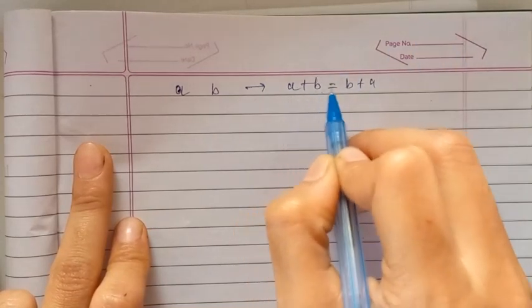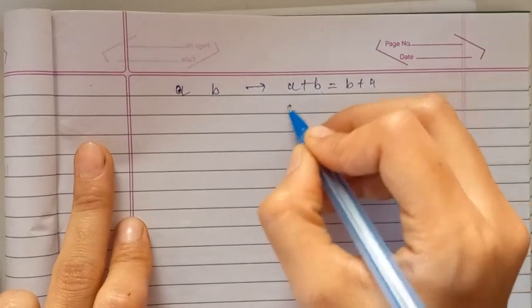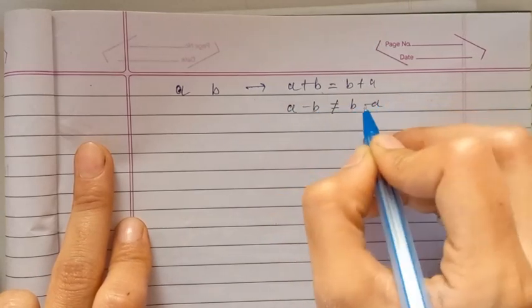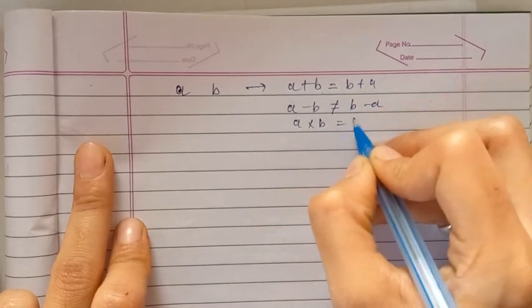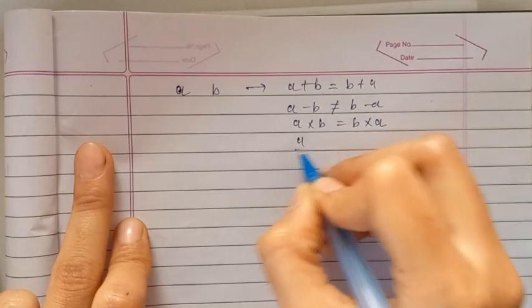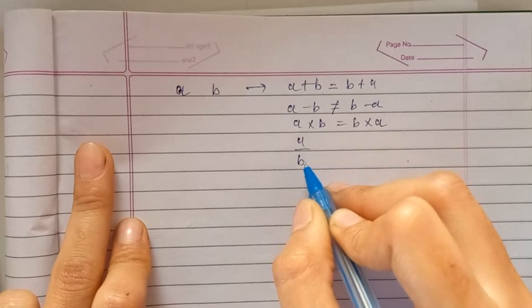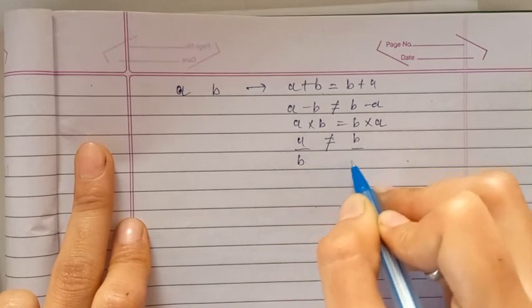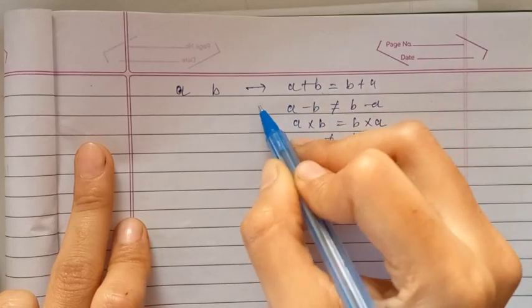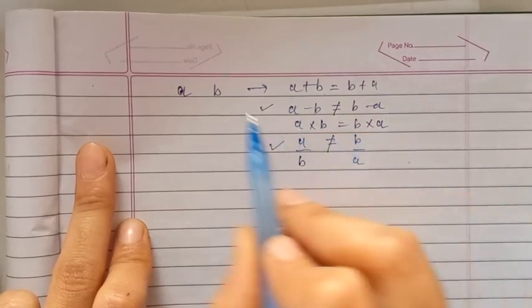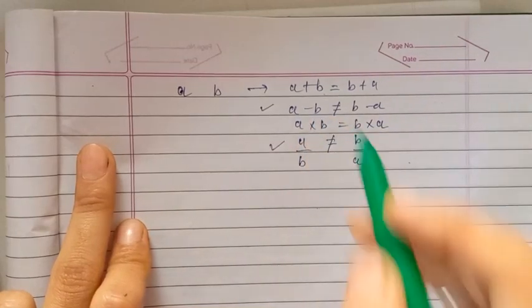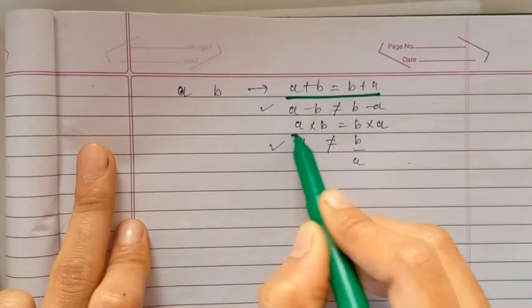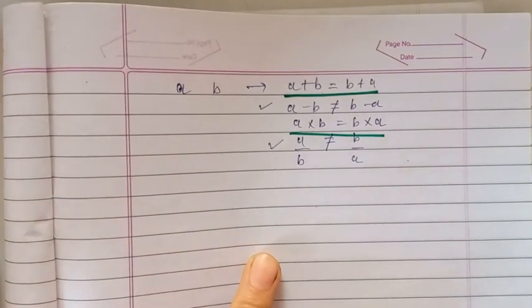A plus B is equal to B plus A. If we subtract, A minus B is not equal to B minus A. If we multiply, A into B is equal to B into A. If we divide A by B, it is not equal to B divided by A. So for subtraction and division, the commutative property does not hold, but in addition and multiplication, the commutative property holds.